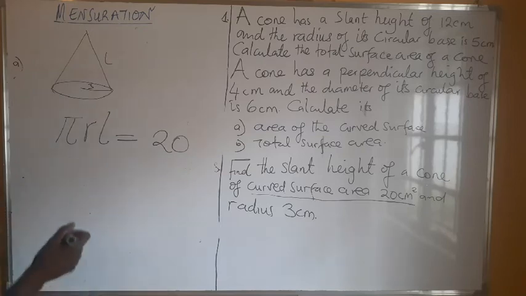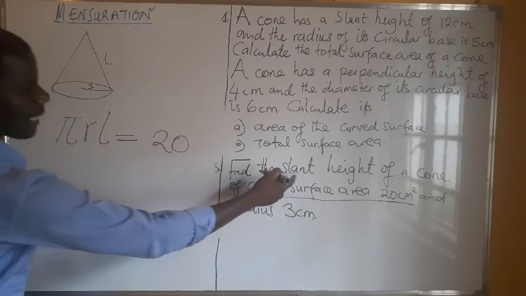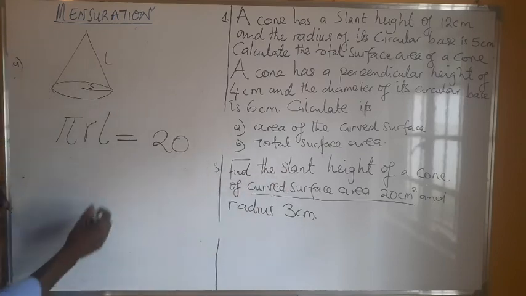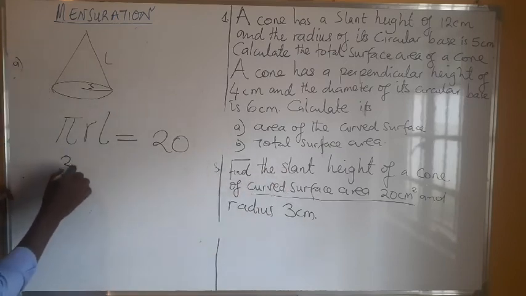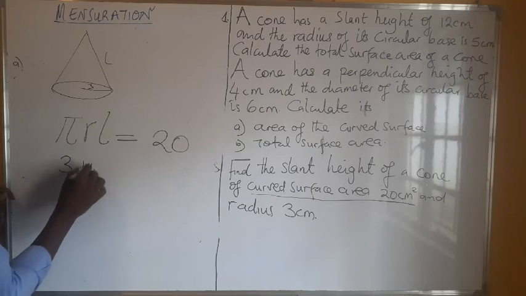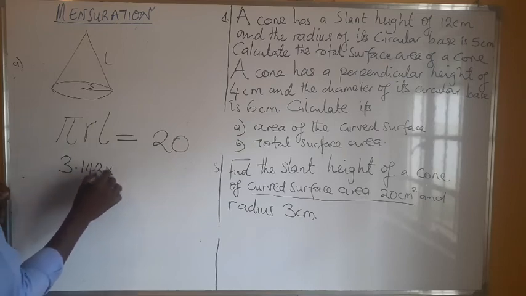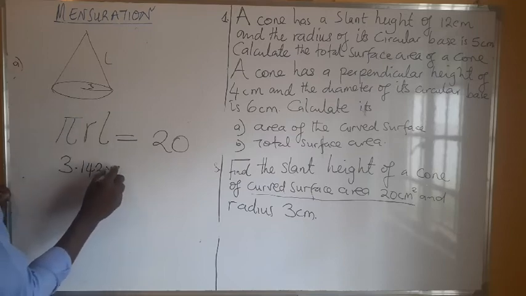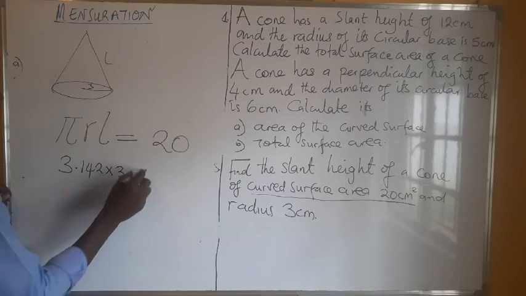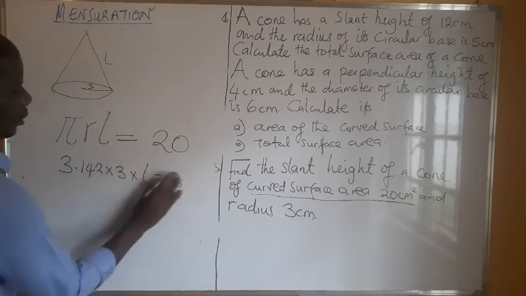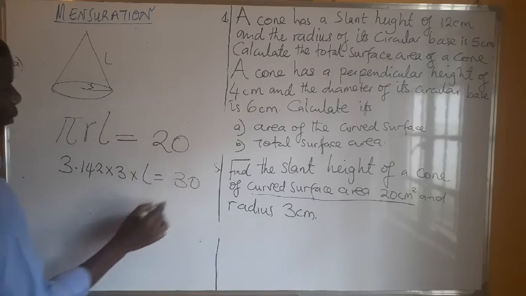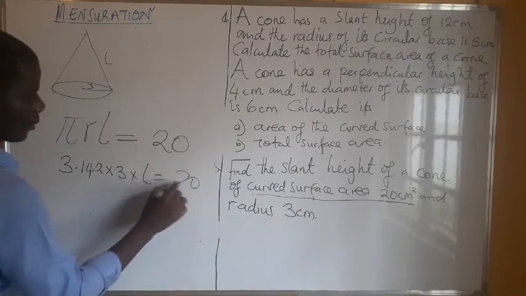So what is our slant height? We are going to say 3.142, the radius has been given as 3, multiplied by L, and this is equal to 20.